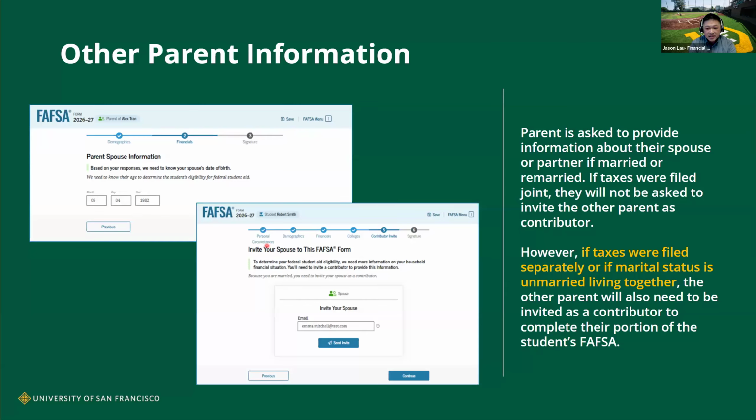However, if you are married and filed a married filing joint return and the FAFSA pulled that information from the IRS, then you would not be asked to invite your spouse to complete their portion. All you need is their basic information, like their date of birth, etc. But in those scenarios where the parents filed separate tax returns or are unmarried and living together, then you will need to invite them, and they will do the same exact thing as we just talked about.